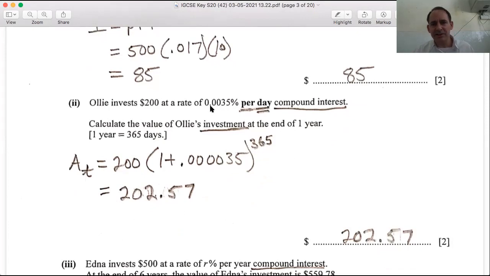Well, we need to move that decimal over 2 more places to go from a percent to a decimal. So now it's 0.000035. And our time is not 1 because our percent is per day. So we need to change the 1 year into 365 days. When you do this compound interest on your calculator, you get an amount total of $202.57.